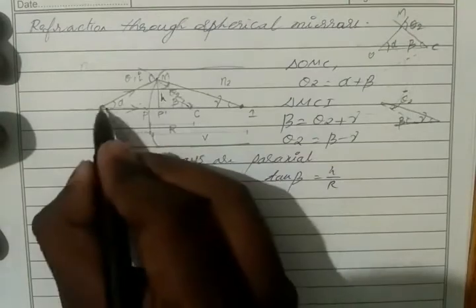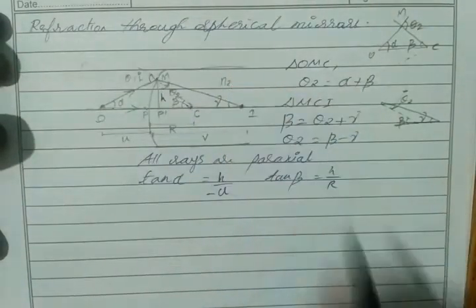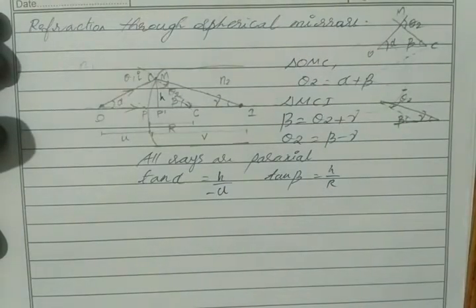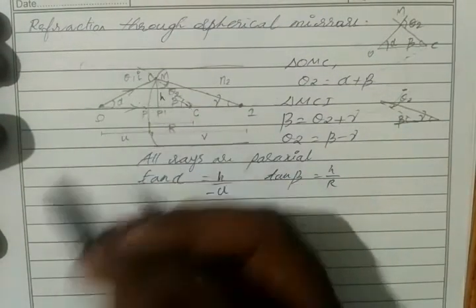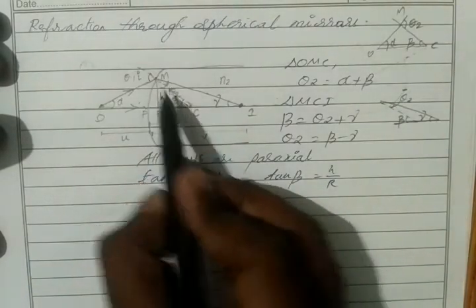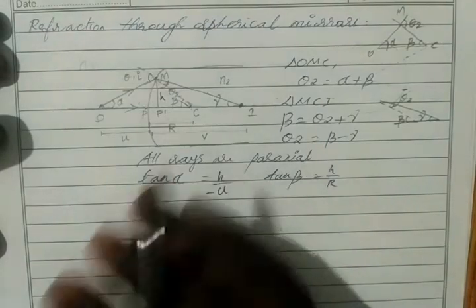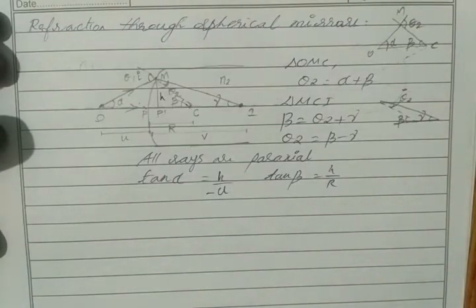R is in the direction along with the direction of the incident ray, the right side, so we take positive. Height here is positive. Why? Because it is above the principal axis. If height is above the principal axis, we take positive. If height is below the principal axis, we take negative.